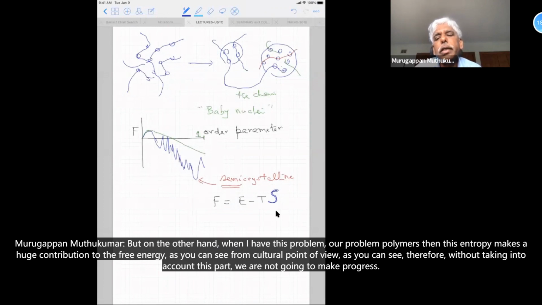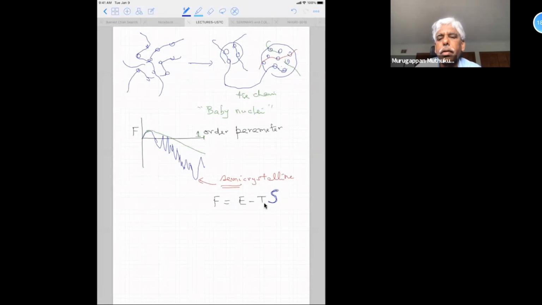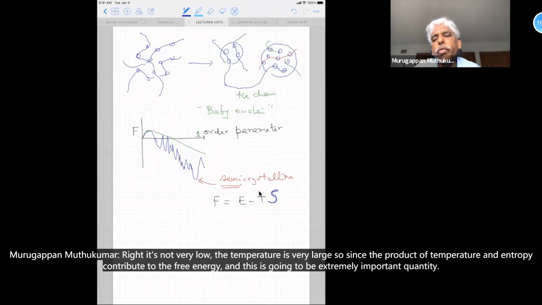Therefore, without taking into account this part, we are not going to make progress in understanding what we observe in polymer crystallization. And also, please notice that the temperature at realistic conditions is 400 degrees Kelvin. It's not very low. The temperature is very large. So the product of temperature and entropy contributes to the free energy, and this is going to be an extremely important quantity.